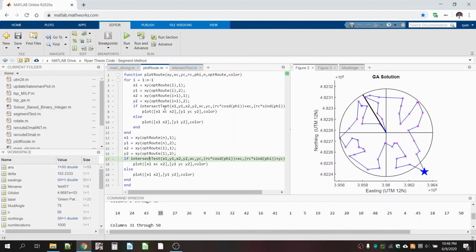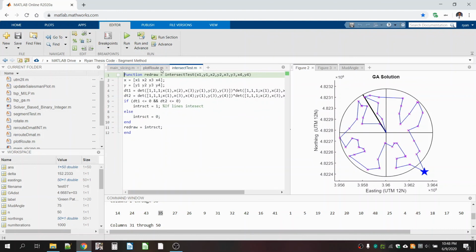Now, this is another function called the intersect test. And this was a way of finding if two lines intersect that I found online. I did not come up with this method of finding whether or not lines intersected.